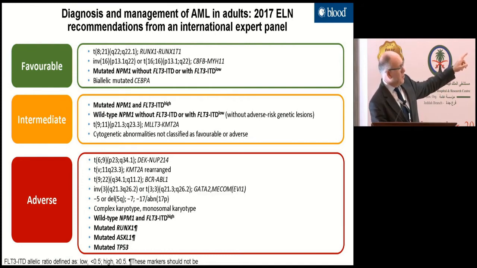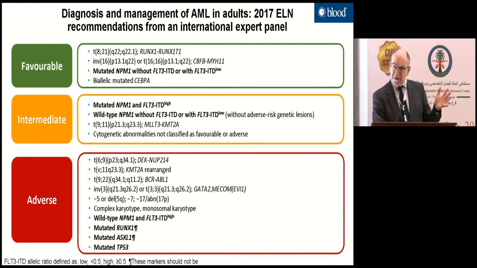You can see that we're no longer just using cytogenetics, but we have core binding factor leukemias, t(8;21) and inversion 16, as good risk as before, but we now have patients with NPM1 mutants, about 30% of patients with AML, either without a FLT3-ITD or with a very low ratio, and also biallelic mutated CEBPA, who broadly do well with intensive chemo.